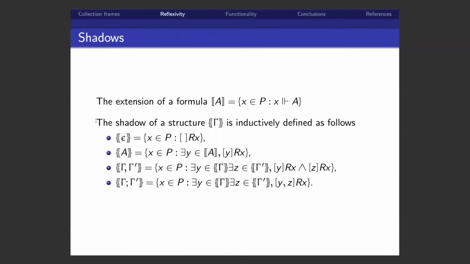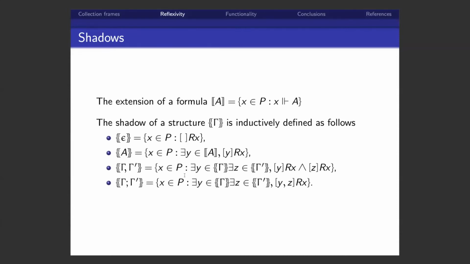Basically, it's the stuff that is appropriately related to points via the R relation. So the shadow of epsilon is the set of points that the empty multiset relates to. The shadow of a formula is the set of things that are one step down from, are related to stuff in the extension.